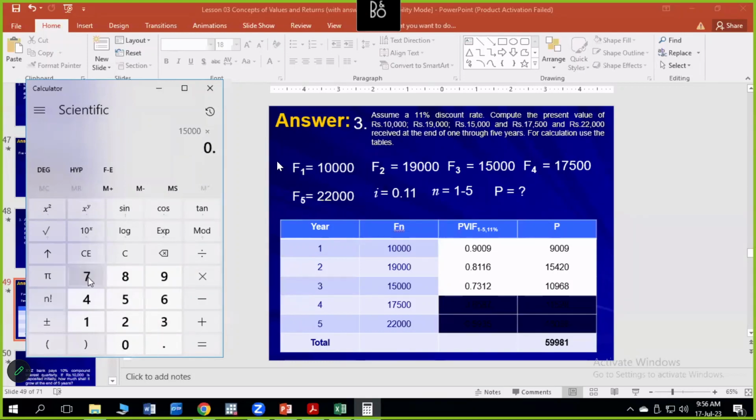Don't take any other full figure of these factors. Only the limited values you want to take. So 10,968.